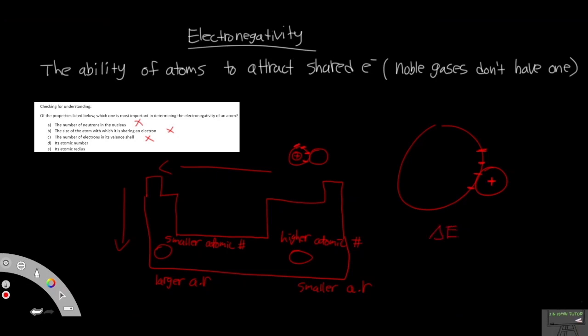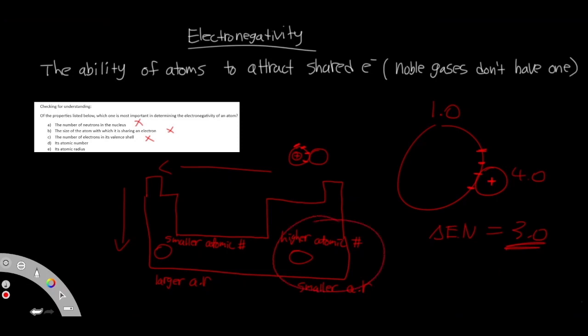We call this the change, right? The difference. So if this one was, let's say, a 1, and this one was, let's say, a 4.0, the electronegative difference would be a 3.0. It would be a large difference. But as we can see here on the bottom right, the higher the atomic number, the smaller the atomic radii.